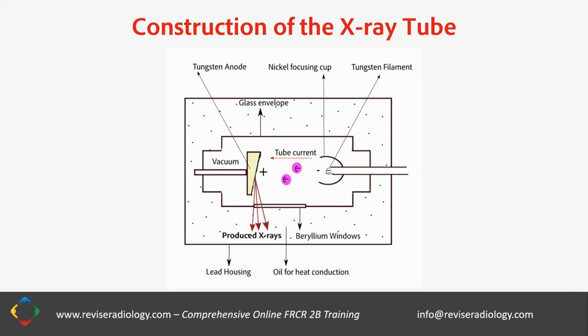So before I explain the functions of both the anode and the cathode, I'll just tell you the basic principle which underlies X-ray production. Essentially, when electrons hit a target material, X-rays are produced.